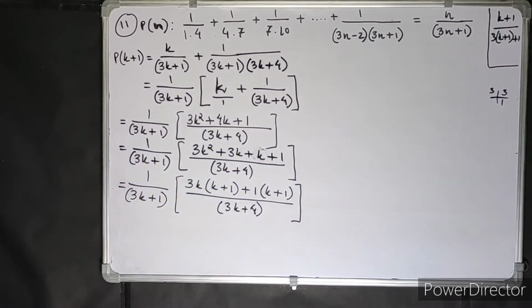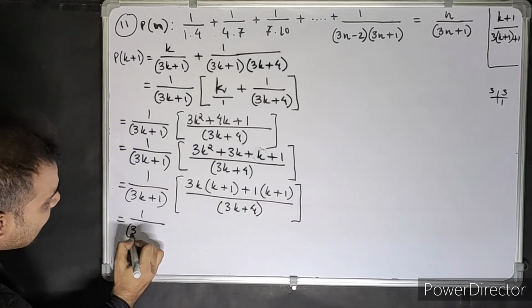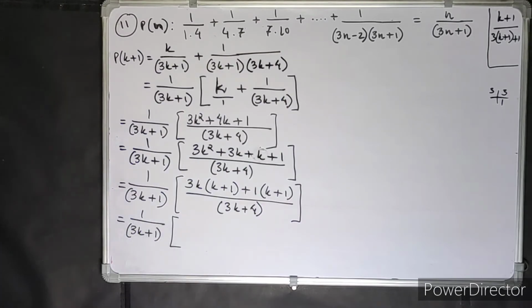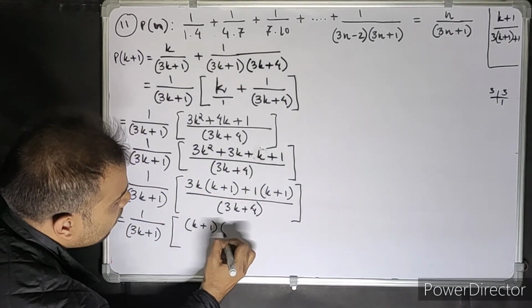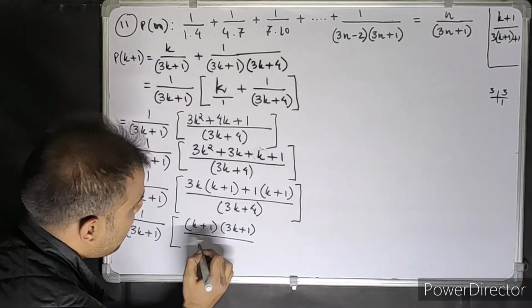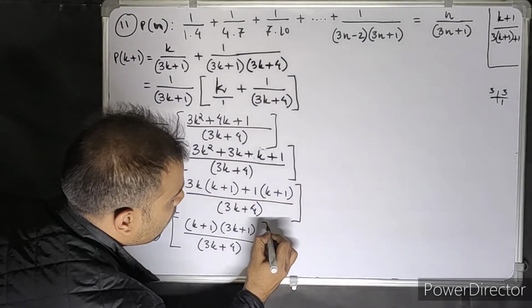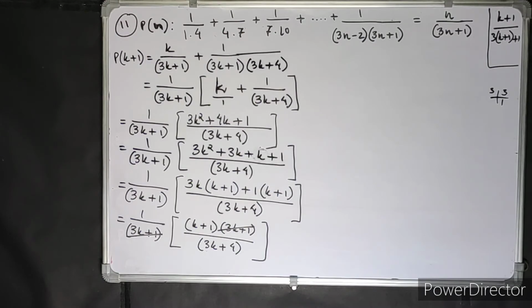Although you don't have to do all these steps, you are in class level. You can do as many step jumps as you want, but make sure you write the important parts. So this is k plus 1. This is 3k plus 1. This is dividing by 3k plus 4. And this 3k plus 1, 3k plus 1 is gone away.